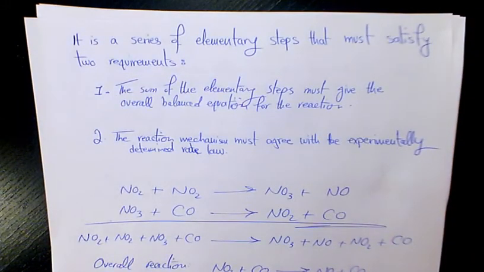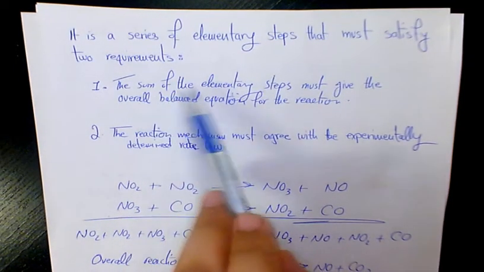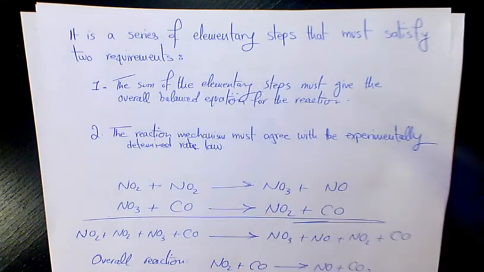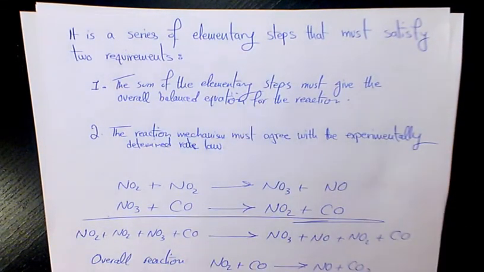A reaction mechanism is a series of elementary steps that must satisfy two requirements. The first: the sum of the elementary steps must give the overall balanced equation for the reaction.